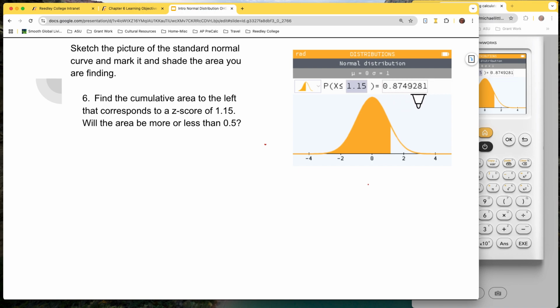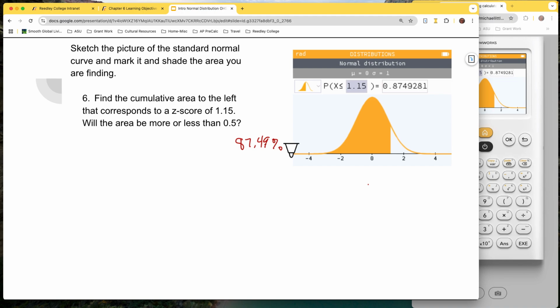And here's our answer, 0.8749. We'll stick with 4 decimal places, which is about 87.49%. So the probability of getting that score of 1.15 or less is 87.49%.